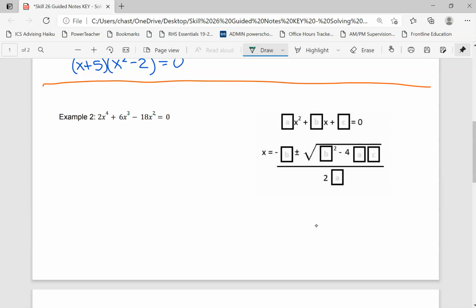So let's see, I can divide all those terms by a 2 and an x squared. So 2x squared is going to be a factor, and then that leaves me with x squared plus 3x minus 9.